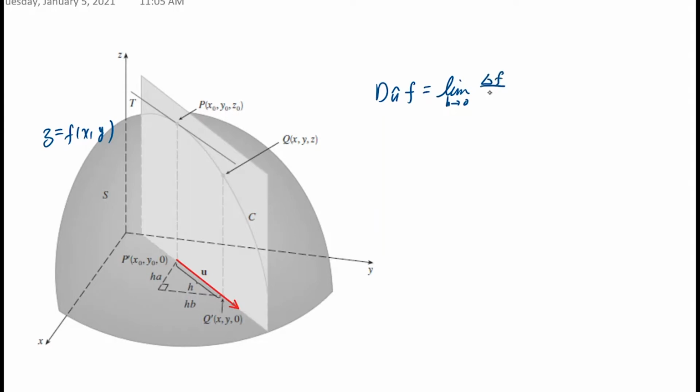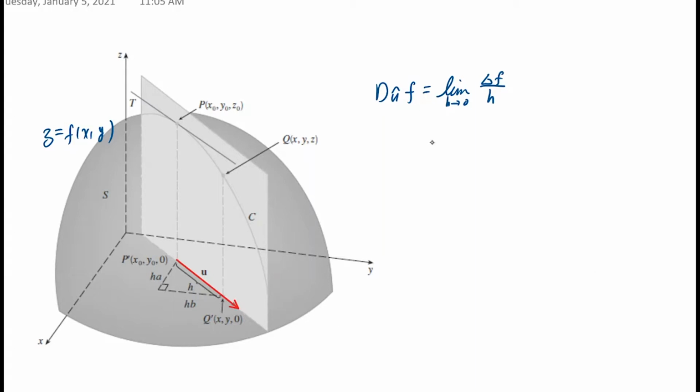I used to put delta x, but I'll just put h here. So it's like dy over dx kind of idea, delta y over delta x idea, except h. Now we have to figure out what h is. H is an infinitesimal movement in the u direction, so h is much shorter than u. Okay, so far so good. And we still have no idea how to figure all this out, but kind of what it is.